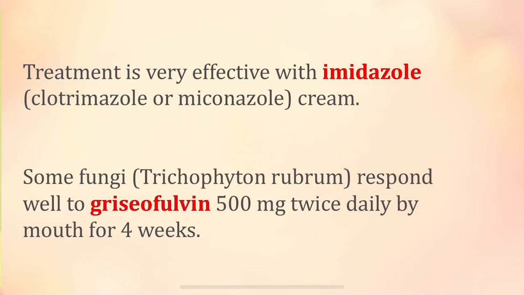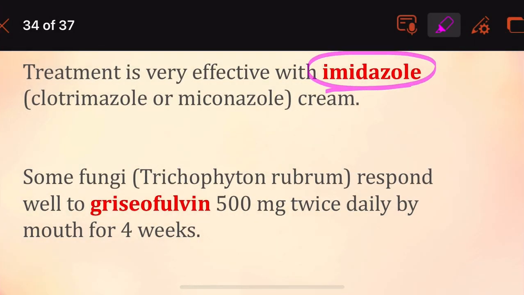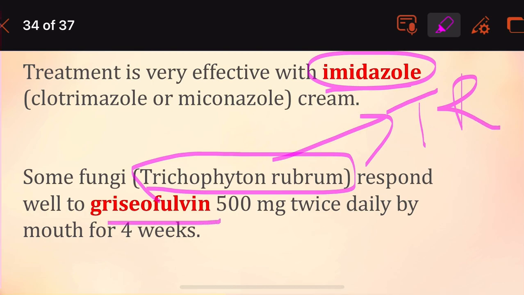The effective treatment is imidazole, clotrimazole or miconazole cream. So they are talking about the imidazole cream here. Some fungi, specifically Trichophyton rubrum, will respond well to Griseofulvin 500 mg twice daily orally for 4 weeks.